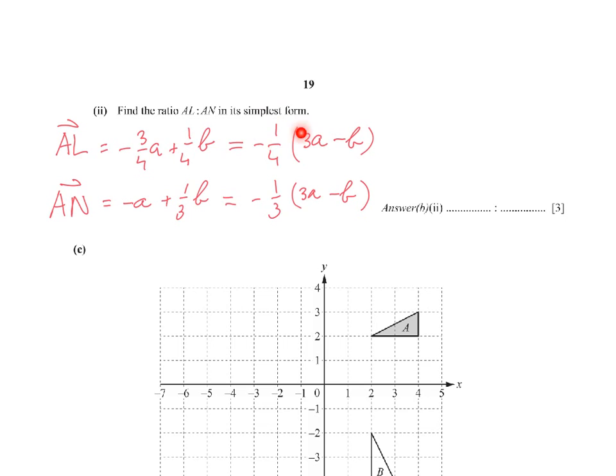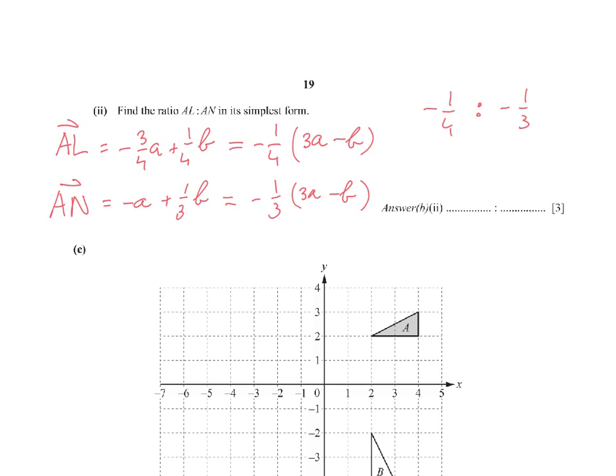So we see that minus a quarter for AL times those brackets, and for AN it's minus a third times those brackets. And we look for the ratio AL to AN, so that is minus a quarter as a ratio to minus a third. Now perhaps you didn't take the minus sign out, you don't have to, but those brackets will still look the same on the inside. But we have to give it in simplest form.